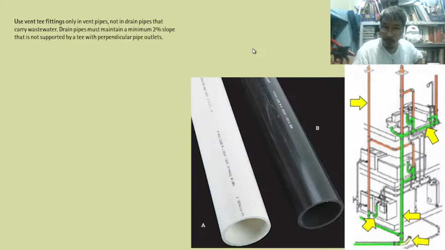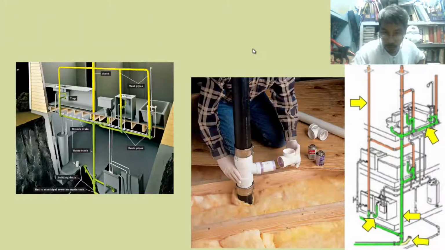Inside the vent pipe is either air or fresh air or foul smelling air or gases. Okay, there is no solid or liquid portion. So we can use T. Okay, vent pipes.